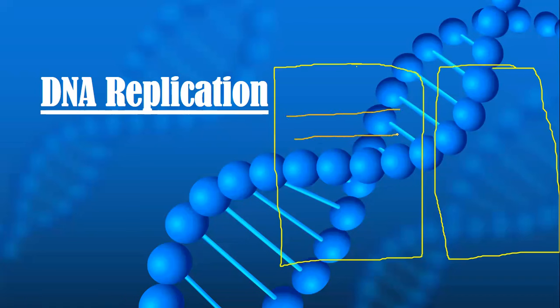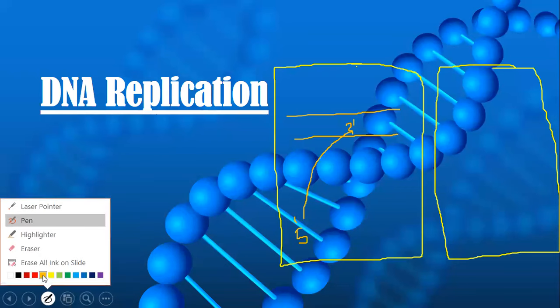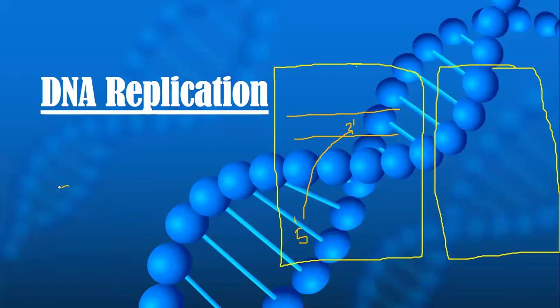DNA replication is happening, remember everyone, in the cytoplasm. All the students understand, whenever the DNA replication is over, from the DNA, RNA is coming out. Correct?